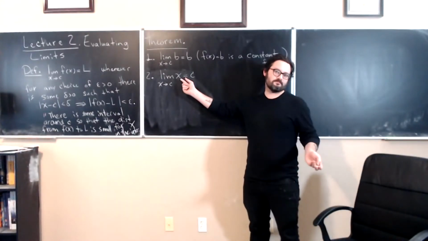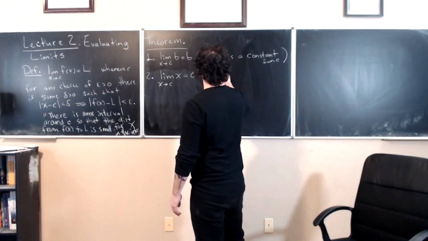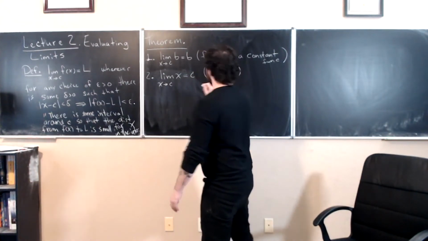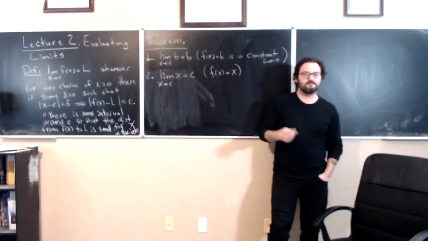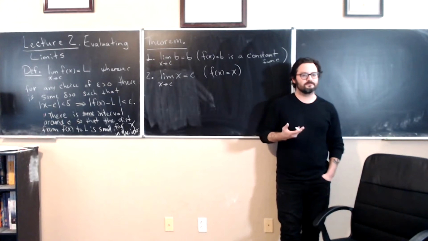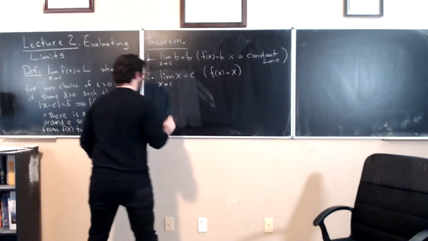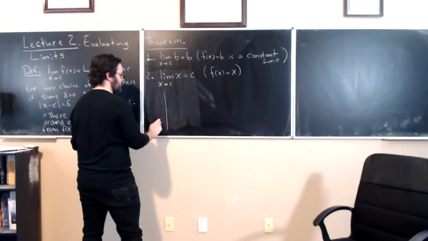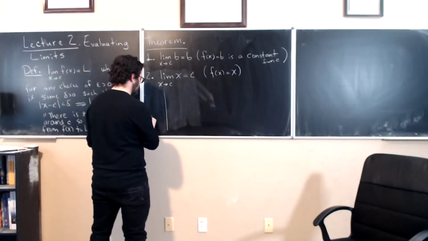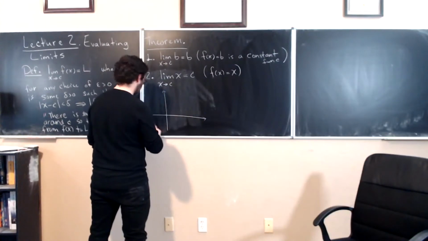This function, f of x equals x, that is a line, right? It's a line passing through the origin, right? So if I look at the plot of the graph of f of x, it looks like this.